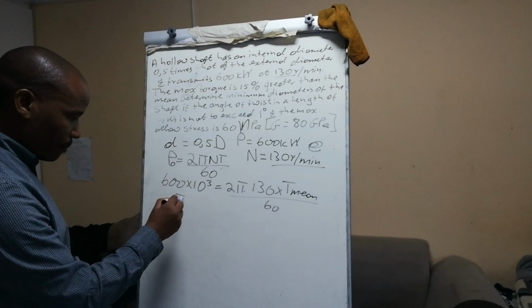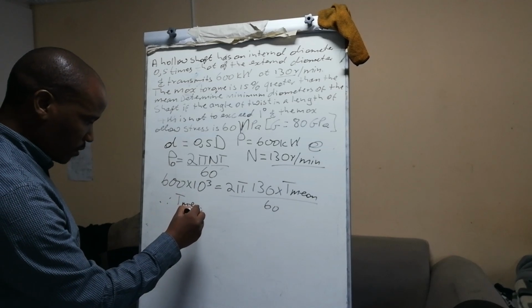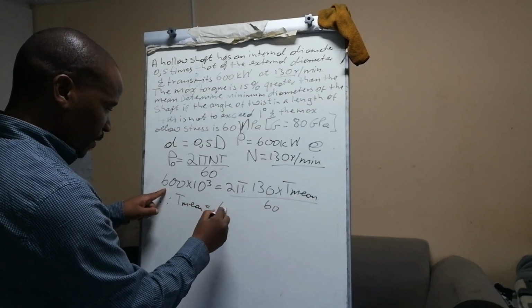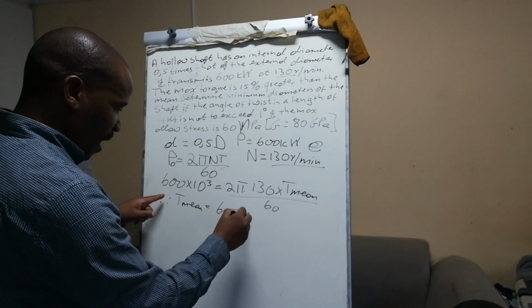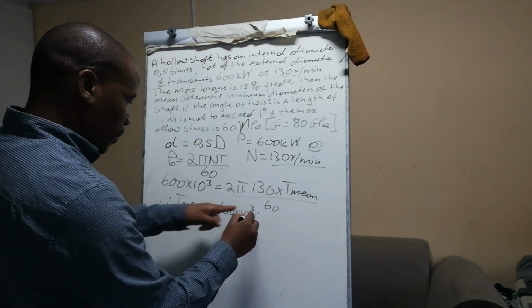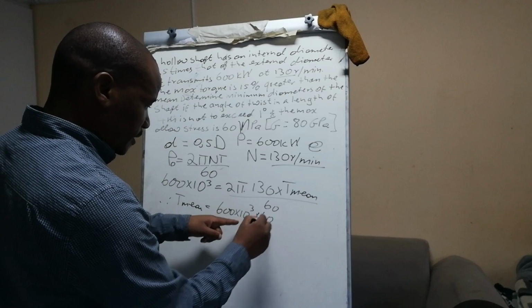Therefore, the mean torque is equal to 600 multiplied by 10 exponent 3 multiplied by 60.